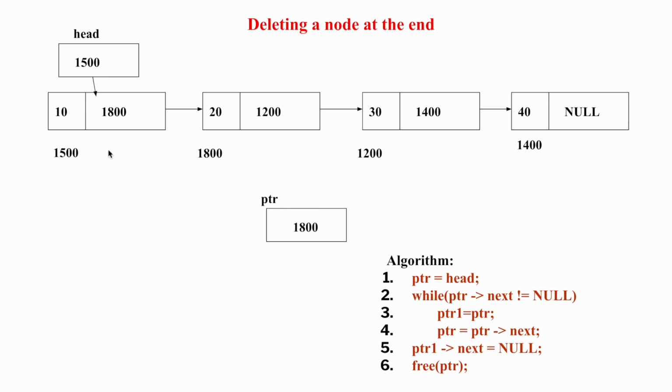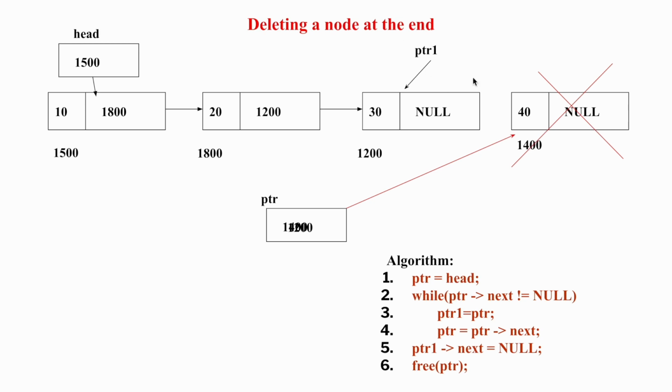So the traversing is done using the for loop, and here we require two pointers. One pointer will stop at the last node of the linked list, while the other pointer will stop at the second last node of the linked list. Why is this third pointer ptr1 required?